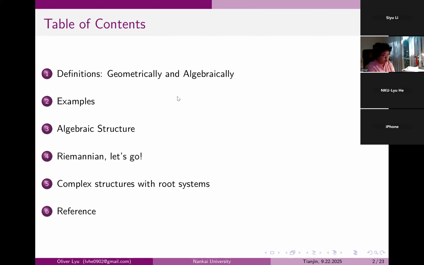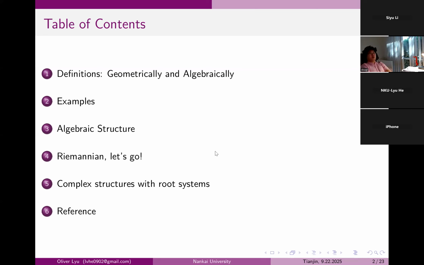Some of them are just normal things, and some are not. The algebraic structures which live in the homogeneous space will be introduced in section 3. In section 4, I will establish some Riemannian settings, including the Levi-Civita connections, and how to calculate them is the most important thing.